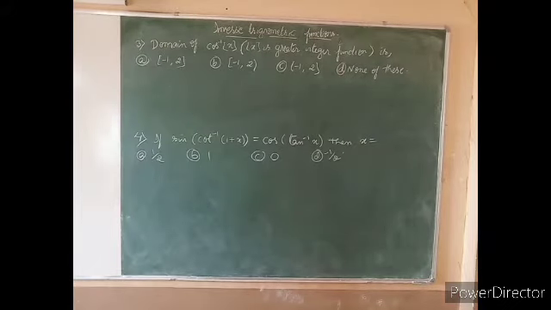So you have to find the domain of this one. We know that the domain of cos inverse x is the closed interval minus 1 and plus 1. That is, x lies between minus 1 and plus 1.